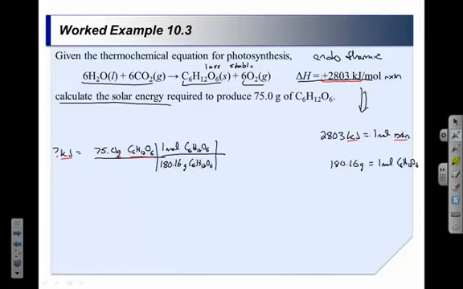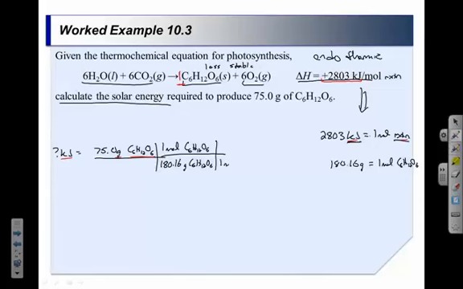Now I've got moles of glucose, but the relationship I have for energy is between energy and moles of reaction, which is not the same as moles of glucose. In this particular reaction, it happens to be the same because the coefficient here is a 1. But if I had any other coefficient here in this balanced reaction, I can't treat moles of reaction the same as I treat moles of a substance in the reaction. So I really need that relationship.